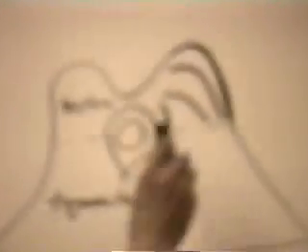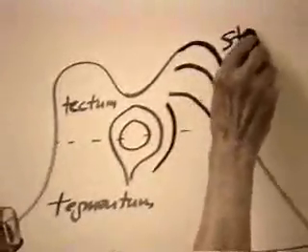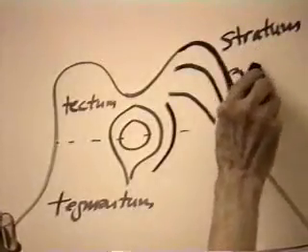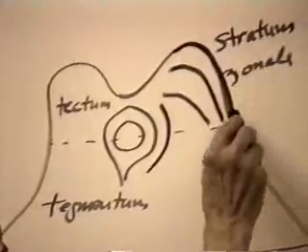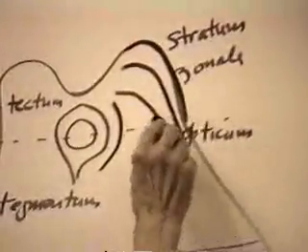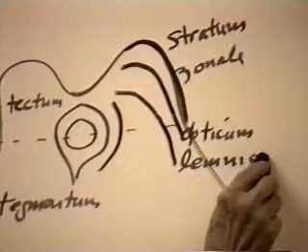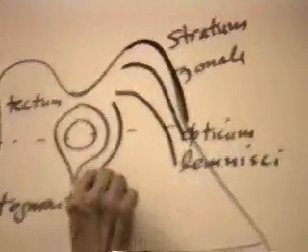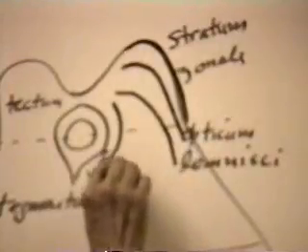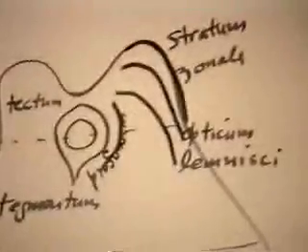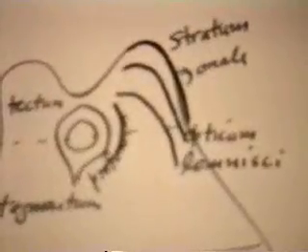And these are named the stratum zonale, opticum, lemnisci, and profundum. And the names almost tell you what they contain.